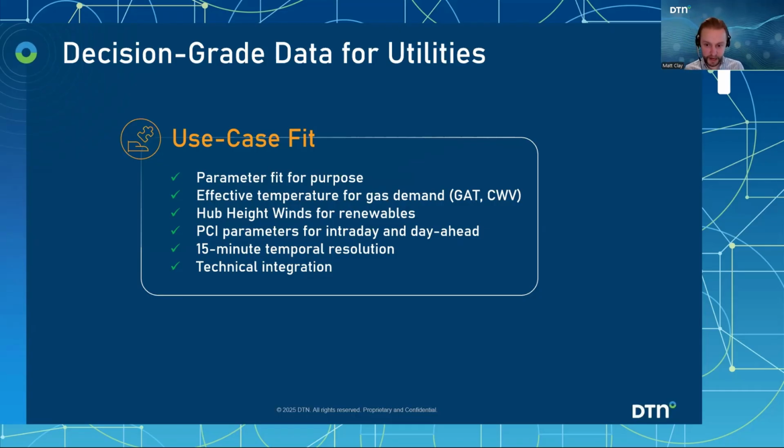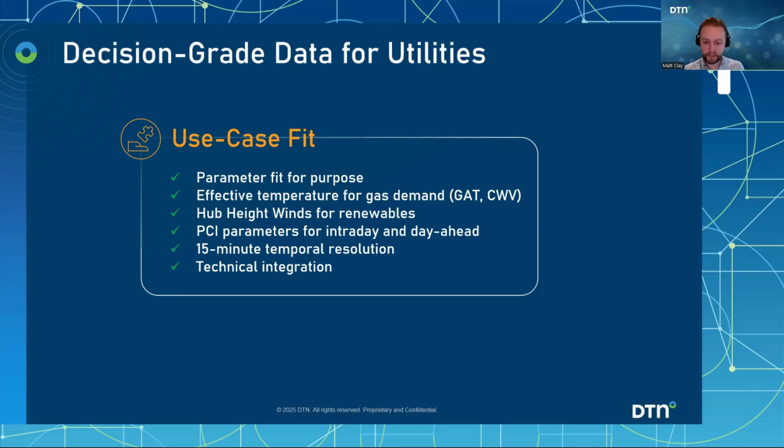So we have the GAT, which is the gas allocation temperature, and that's used in Germany. And in the UK, we have the CWV, which is the composite weather variable. So we basically fit the parameters to a specific use case.